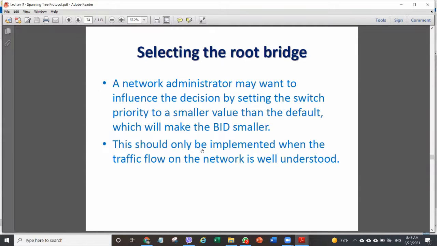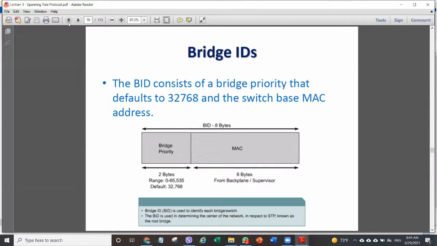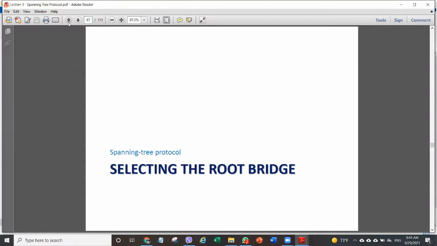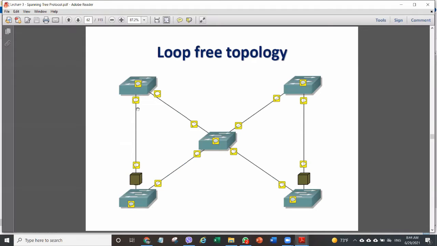So this should only be implemented when the traffic flow on the network is well understood. As far as we have a better understanding of the route and traffic, then we finalize the priority. For example, in this case, anyone can understand this is in the center, maybe even physically it can be in the center.